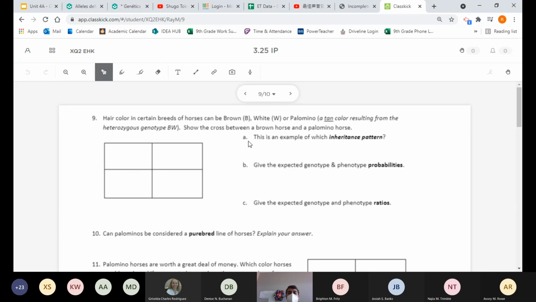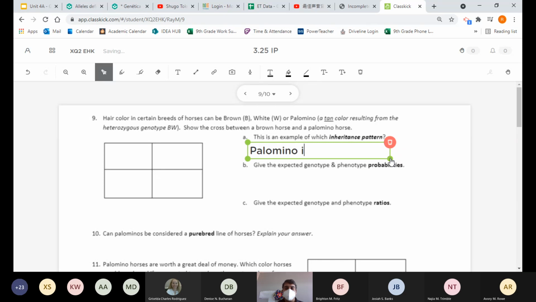Here, if we're dealing with different letters, normally we'd be talking about dihybrids, which again we'll get to next week. But this is actually an incomplete dominance question. Now, hair color in certain breeds of horses can be brown, white, or palomino. Now, when it asks you about what type of inheritance pattern this is, we're looking at a blending of traits, right?